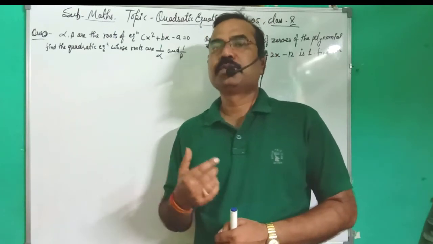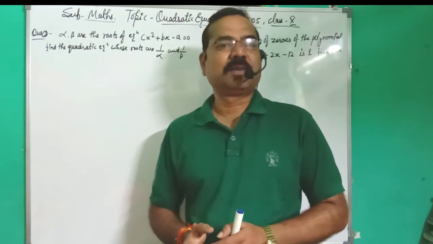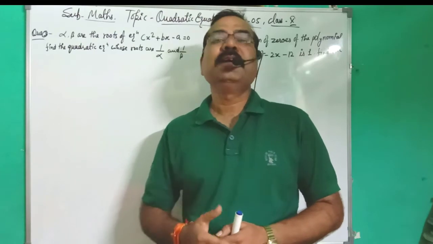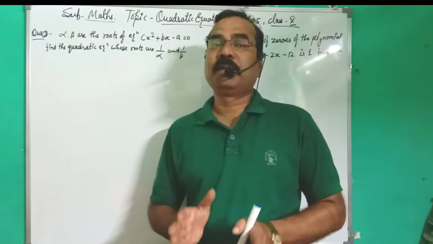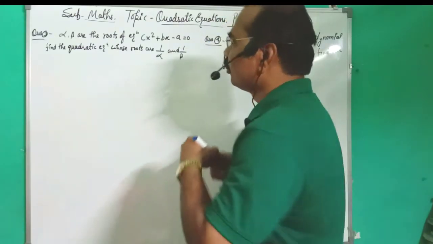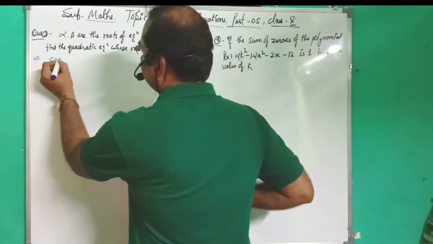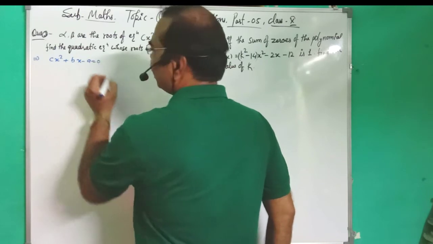Because here the roots given are reciprocals. Earlier the roots were alpha and beta, here the roots are 1 upon alpha and 1 upon beta. Okay students, first we have to find the value of alpha plus beta and alpha into beta. According to the question, the quadratic equation is cx square plus bx minus a is equal to 0.